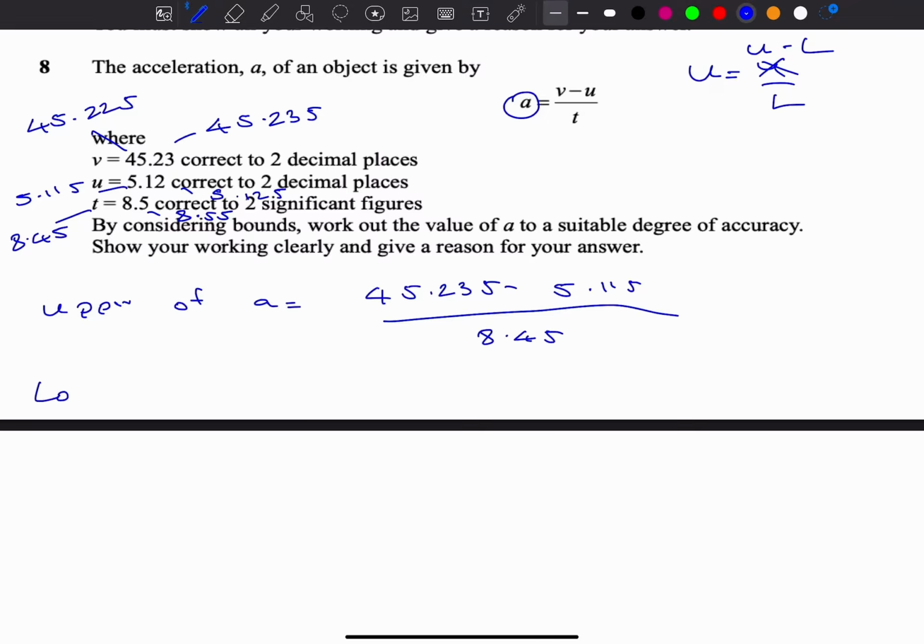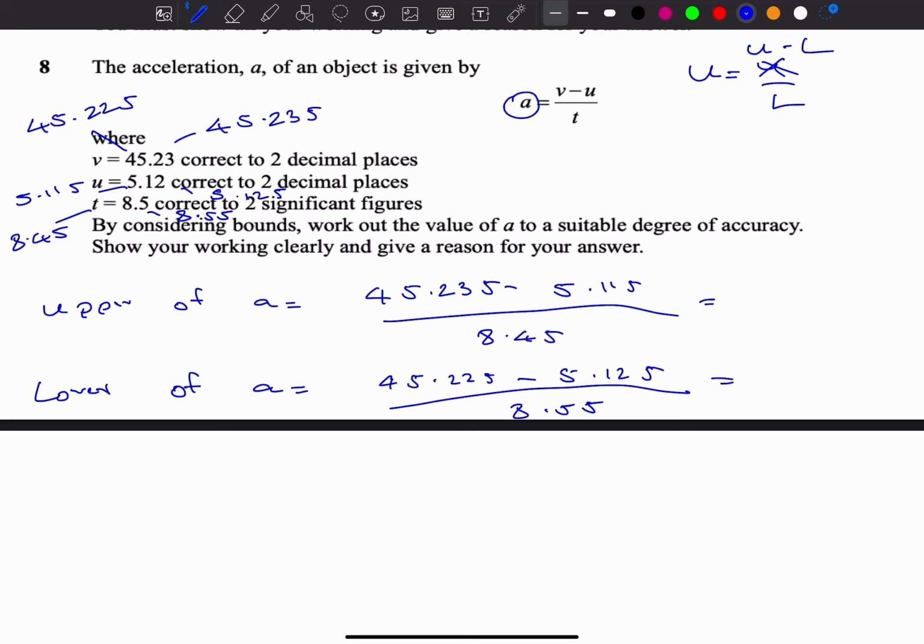Then you want lower bound, lower of A. Lower is the complete opposite, which is 45.225, take away upper bound 5.125, over 8.55. And I will need the answers on this, right?